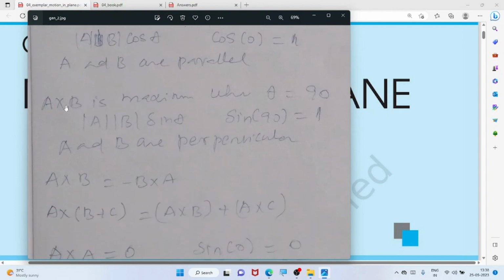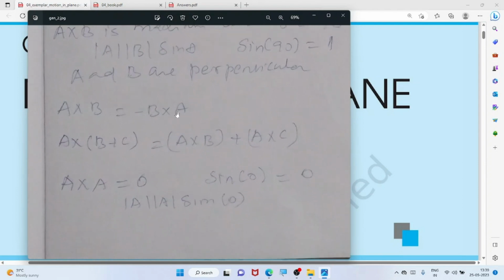Okay, similarly when you do A cross B, that is sin theta. So here it is maximum when theta is 90 degrees, sin 90 is 1. So here A cross B will be maximum when theta is 90, that is both are perpendicular. Okay.